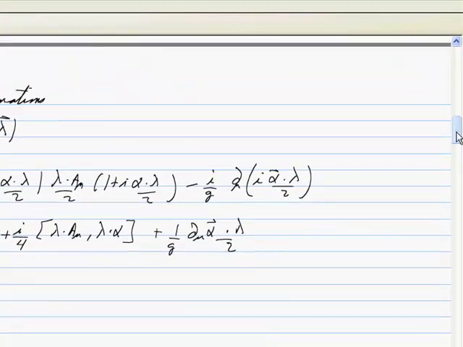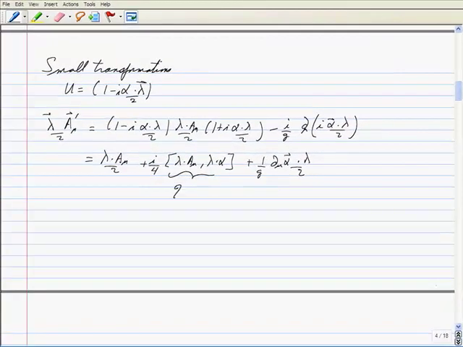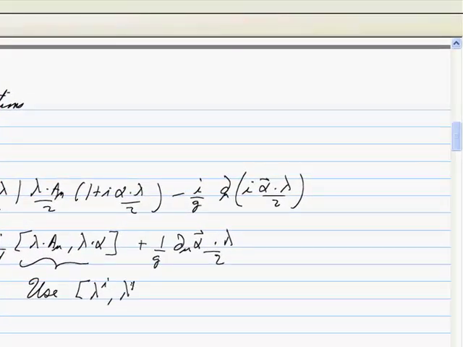But this commutator, if we use lambda i, lambda j is 2i f_ijk lambda k.